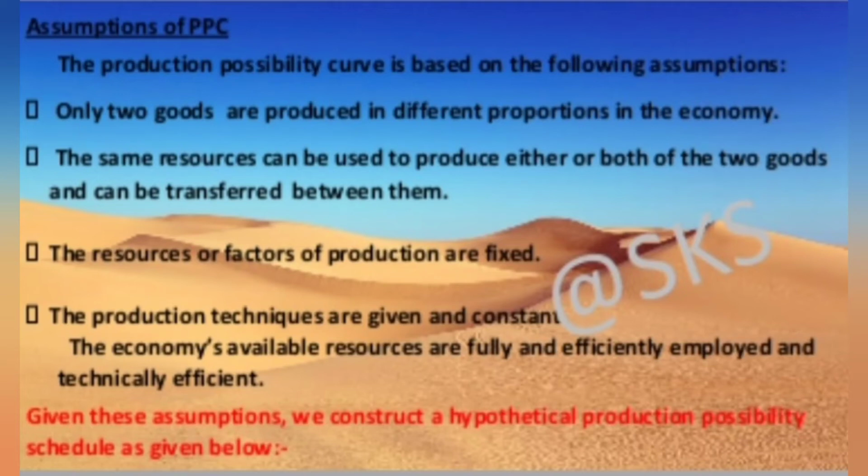This is not explained. It depends on the nature of the economy, the needs of the economy. An economy needs capital goods. It needs civilian goods. Now please watch the presentation.